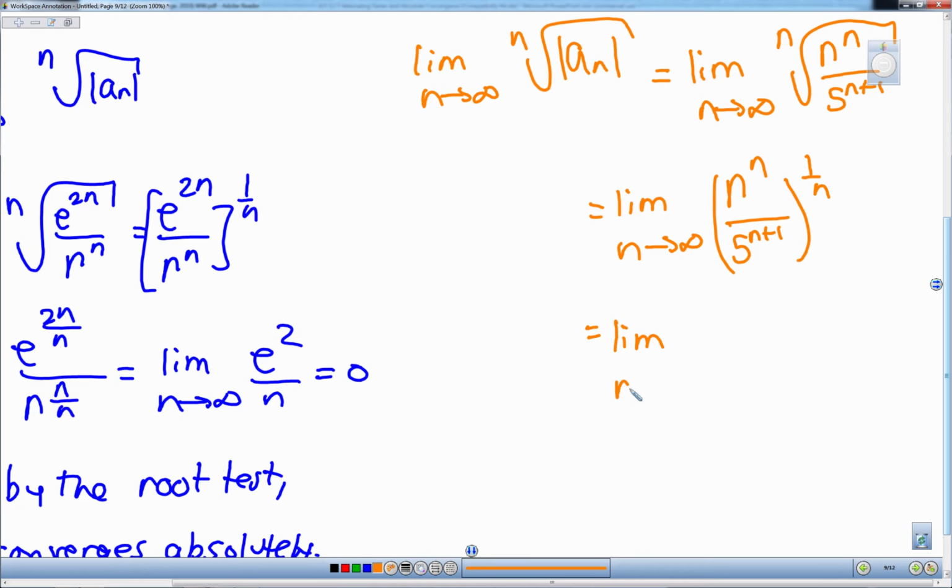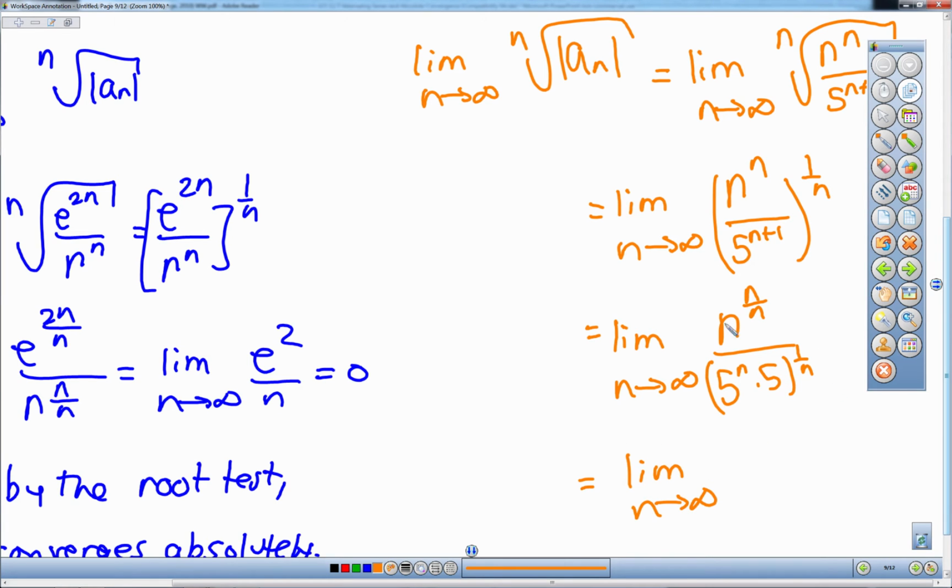From here, the algebra is actually pretty straightforward. It's not hard at all. That's going to be n to the n over n, and then I'm going to rewrite the denominator as 5 to the n times 5, all to the 1 over nth power. I'm doing that on purpose so that you can see in here, the numerator is just going to be n, and in the denominator that's going to be 5 to the 1 times 5 to the 1 over nth power.